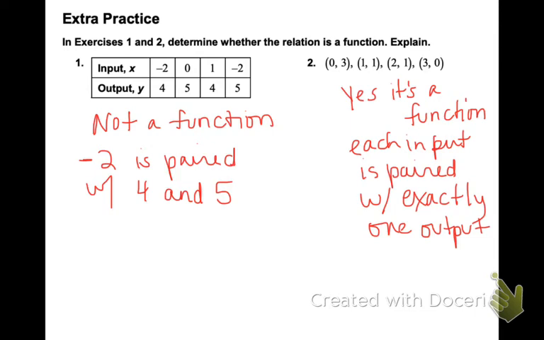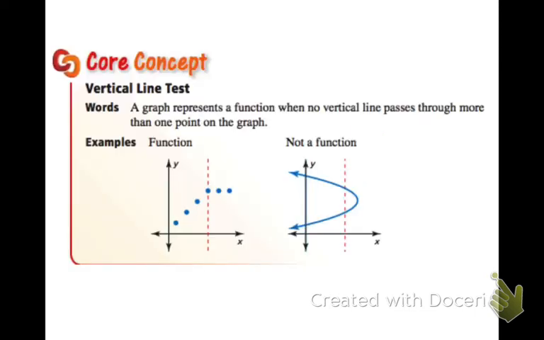Okay, moving on. The vertical line test. So luckily they drew the dashed line for you, but you could use your pencil. So if you took your pencil right now over the video and made it go vertically across, if at any time your pencil is touching 2 or more points, it can only touch 1 point at a time, then it would not be a function.